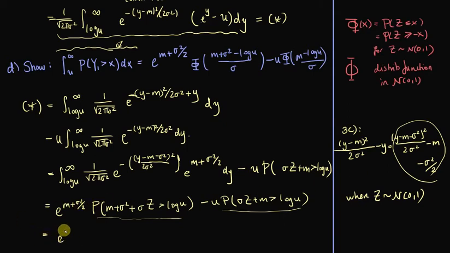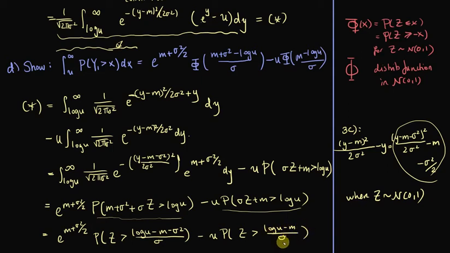You have e to the m plus sigma squared halves, and we can move the m plus sigma squared over to the other side and divide by sigma. Then you just have the probability that z is greater than log u minus m minus sigma squared divided by sigma, minus u multiplied by the probability that z is greater than log u minus m divided by sigma.